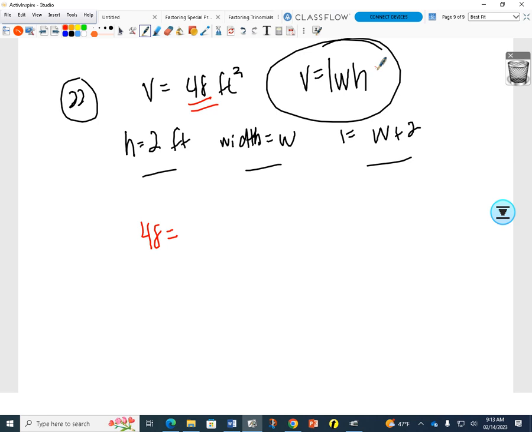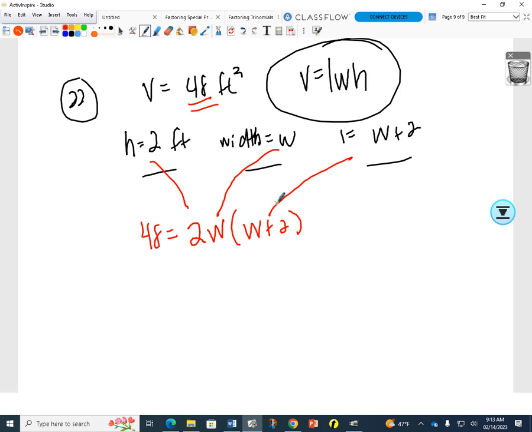So we're going to go ahead and plug in the width. The height is 2 times the width is W times the length is W plus 2. So this is the height, this is the width, and this is the length. Does that make sense, Bonnie? Does that make sense, Riley?